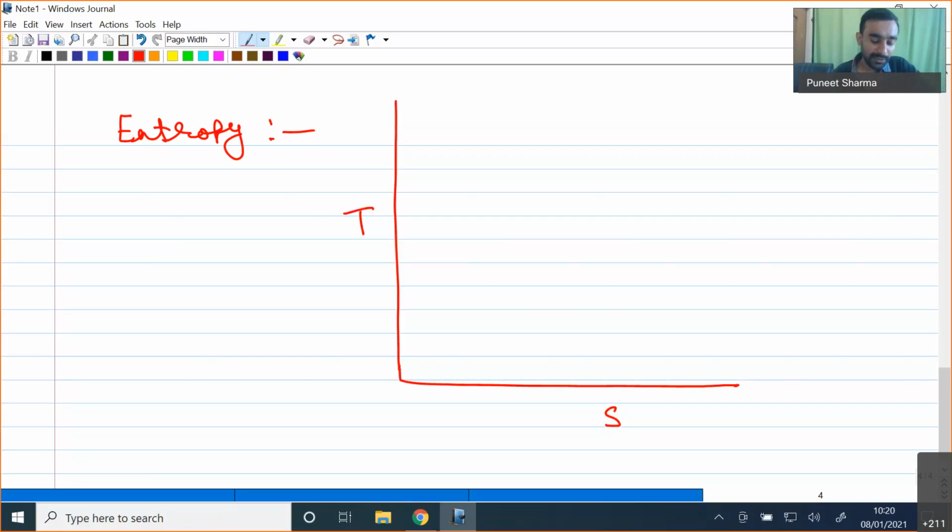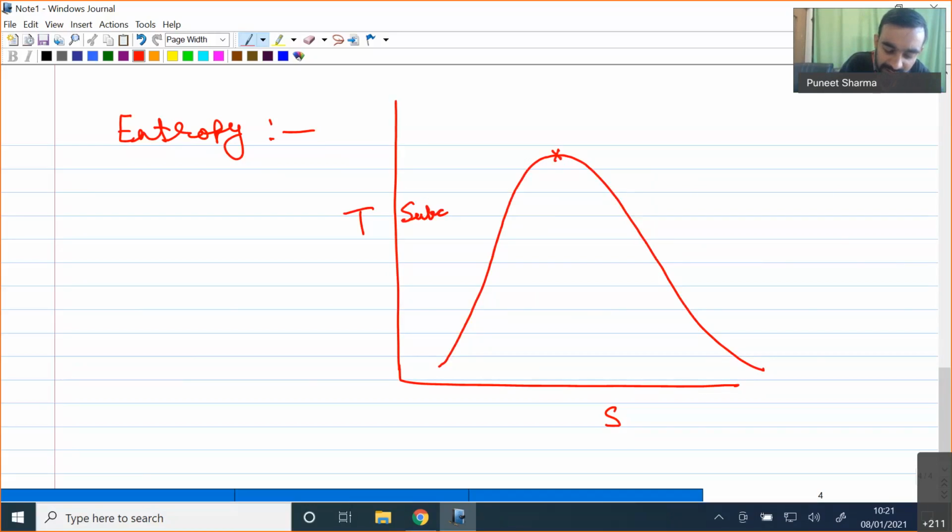While we plot the temperature entropy diagram for water as a pure substance, our liquid vapor dome will be something like this. Here we will have the critical point, in this region the subcooled state, here liquid plus vapor, and here the superheated state.